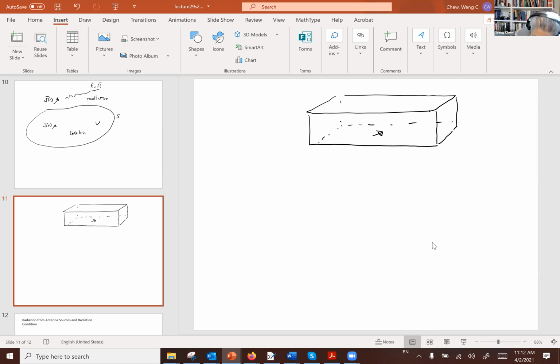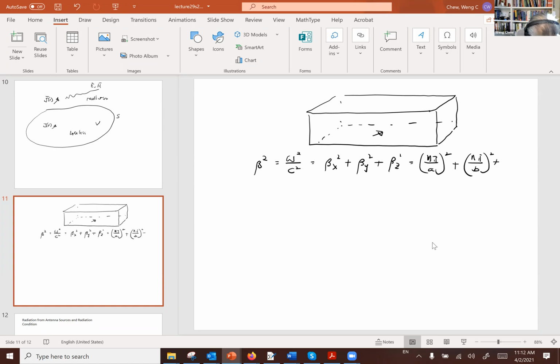What happens is that if you have a rectangular cavity, it's easy to study because you know that the resonance condition is that beta squared, which is omega squared over c squared, has to be beta x squared plus beta y squared plus beta z squared. And in this problem, beta x is m pi over a, beta y is n pi over b, and beta z is p pi over d.